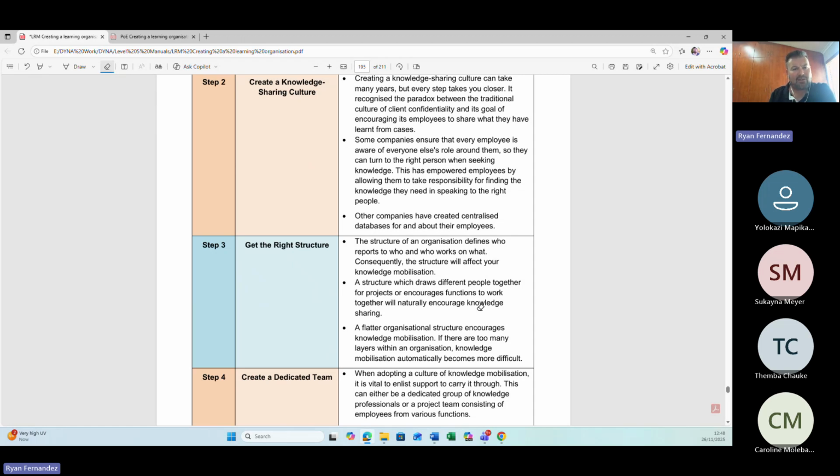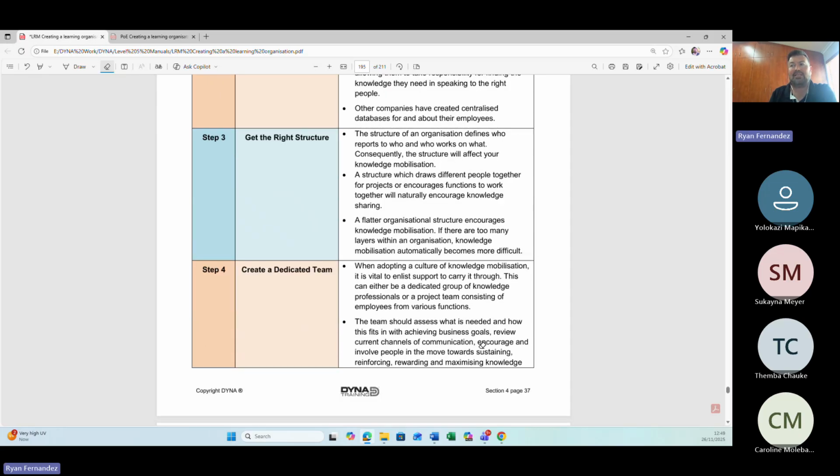We talk about working in silos. Now that is created by a structure. So we need to change the structure to crush the silos so that we are able to allow information and knowledge to flow.